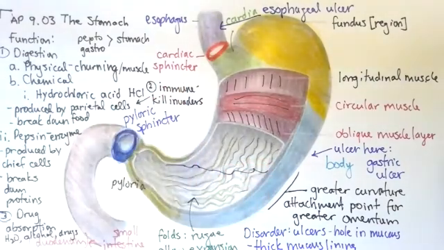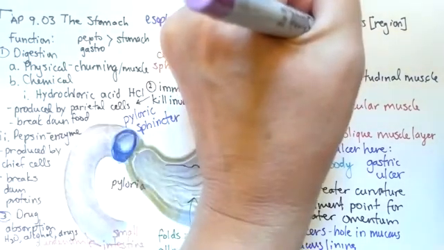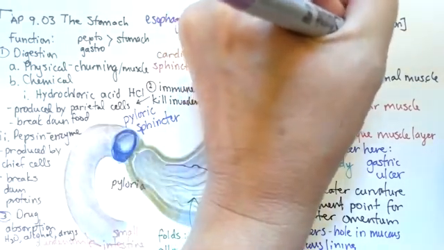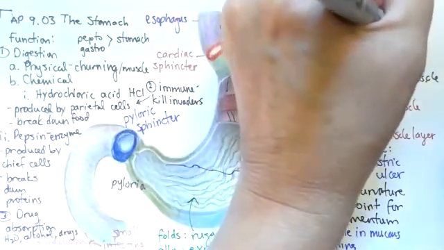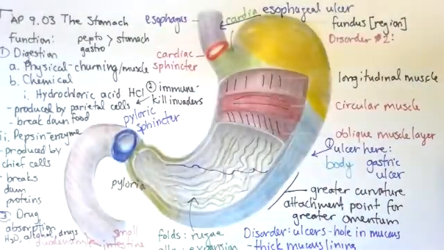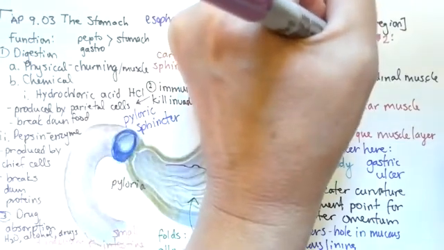So this is disorder number 1. Disorder number 2 is esophageal gastric reflux.